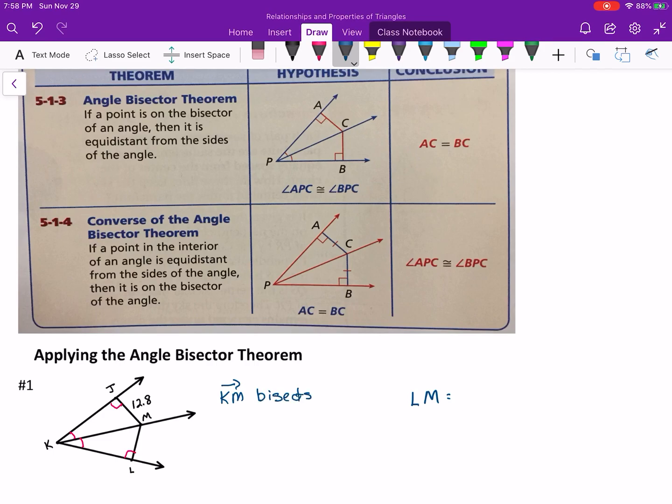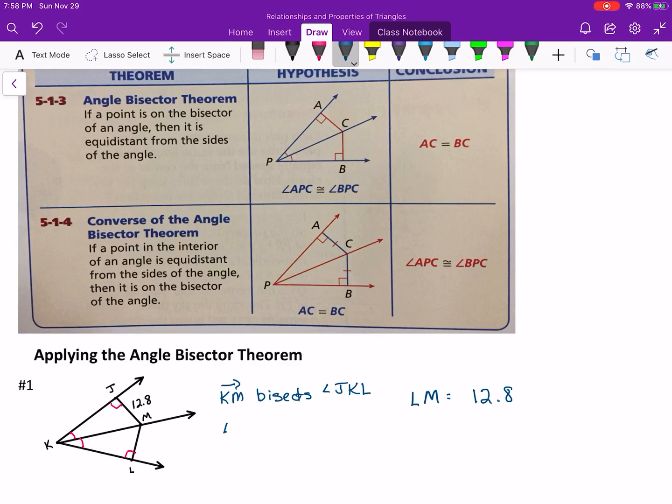So it bisects angle JKL. And since M is on that bisector of the angle, that means it is equidistant from the sides. So since JM is 12.8, LM will also be 12.8. And that is just using the angle bisector theorem.